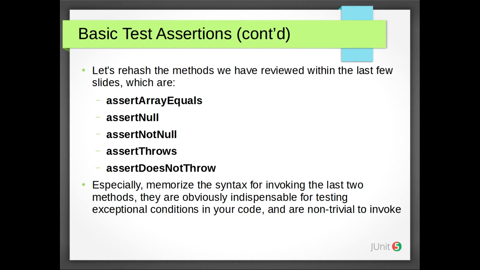You can consult Appendix C, called Appendix C for the Brave, for the full Assertions class API. So, especially memorize the syntax for invoking the last two methods. They're obviously indispensable for testing exceptional conditions in your code and are non-trivial to invoke.